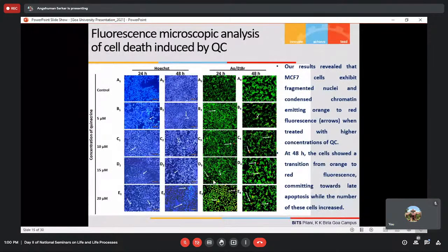So if you increase the concentration of quinacrine, you can see the cells are dying. You have those yellow-colored cells, which are apoptotic cell nuclei, and orange cells, which are already apoptotic cells.